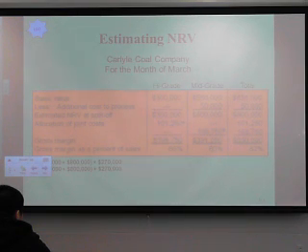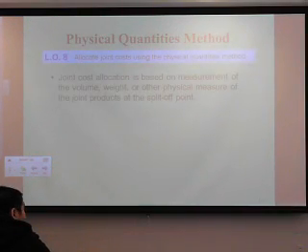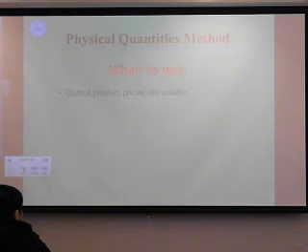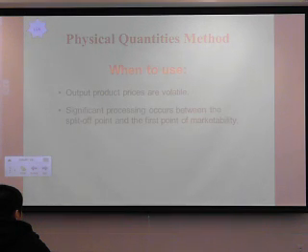And the physical method, quantity, again, can be weight, volume, any other physical measurement. And oftentimes it's used, as it says there, when the prices are volatile, they're flipping all over the chart, you don't have a nice steady price.